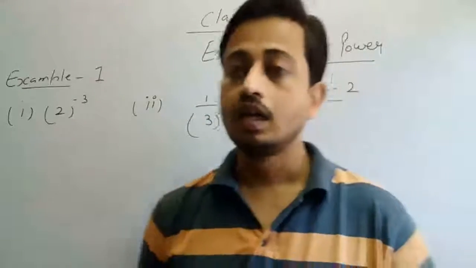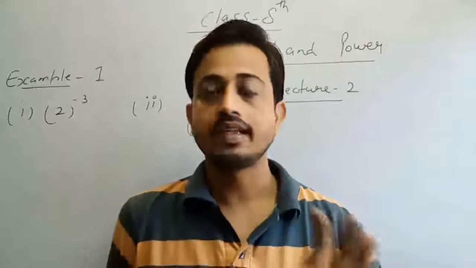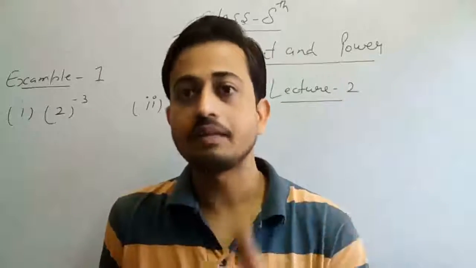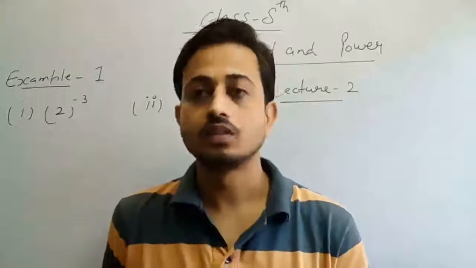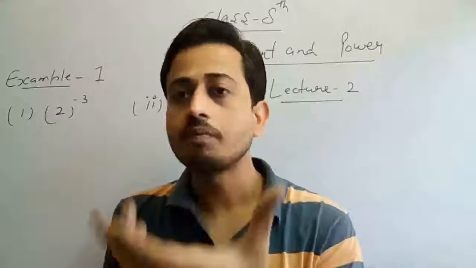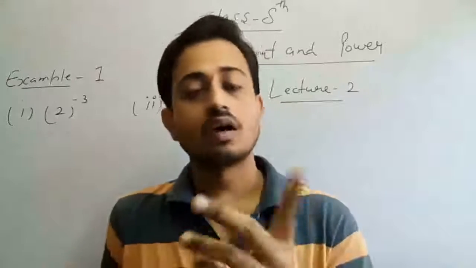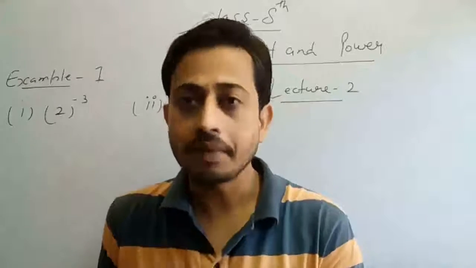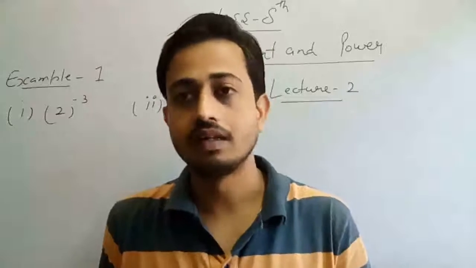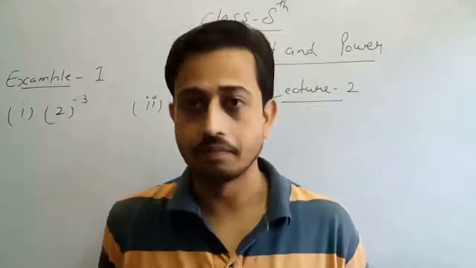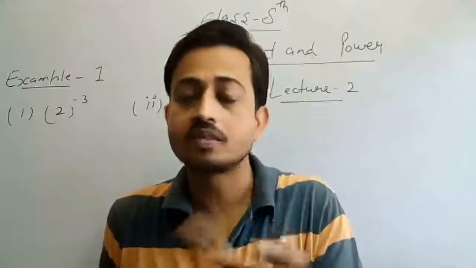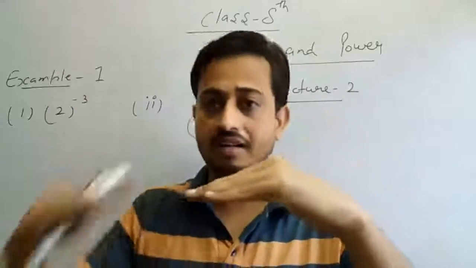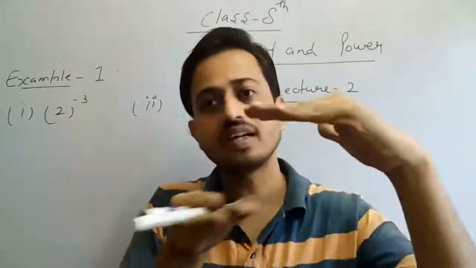And you know, if you get any term in terms of exponent and power, and the power is negative, step 1 is you have to make it positive. Now the question arises, how can we make it positive? It's very simple. You have to move that term. If that term is present in the numerator part, you have to move it into the denominator.